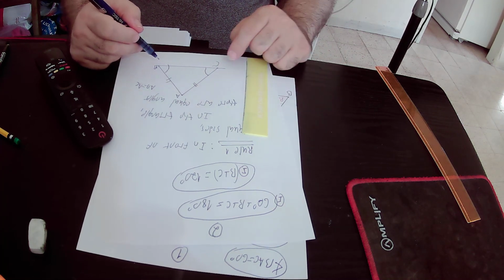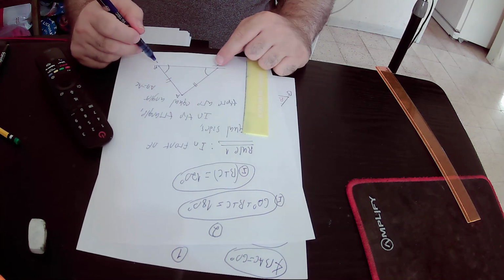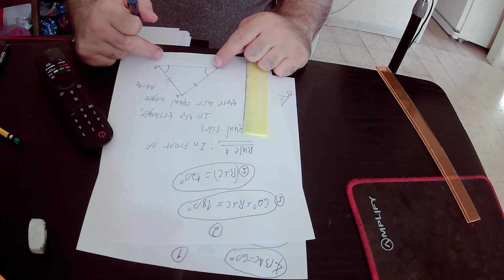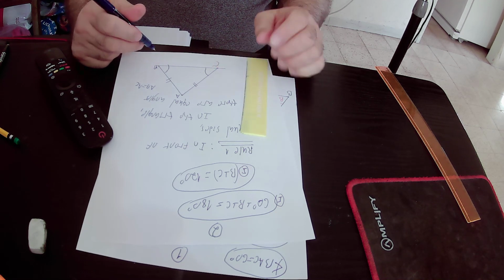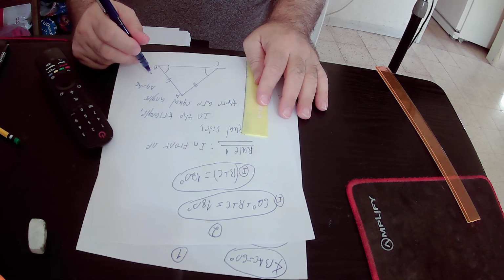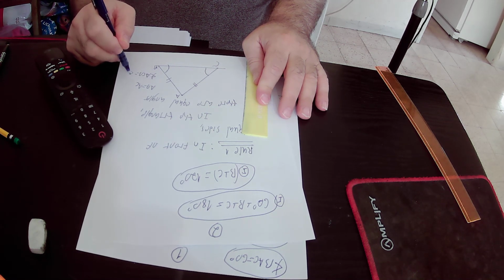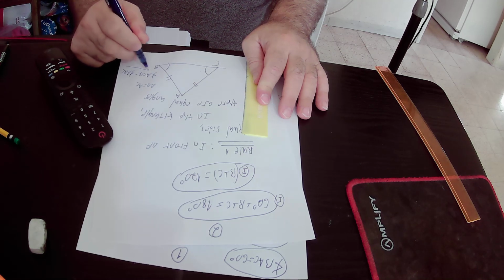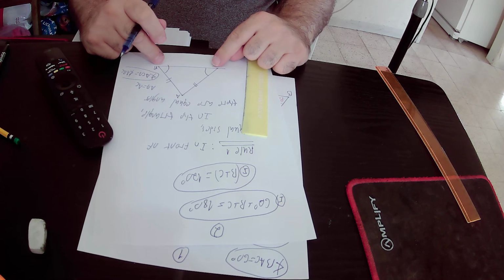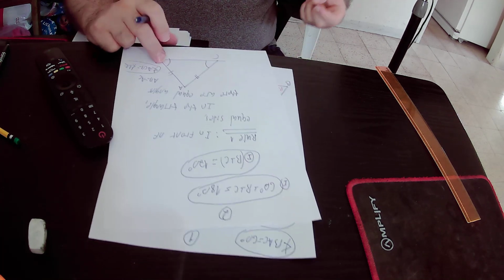So according to rule number 1, those two angles that are located in front of equal sides in triangle ABC are equal to each other. So angle ACB equals angle ABC.